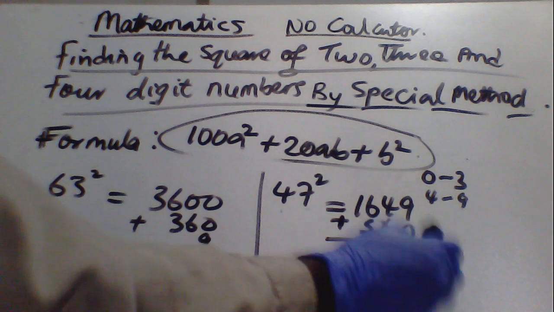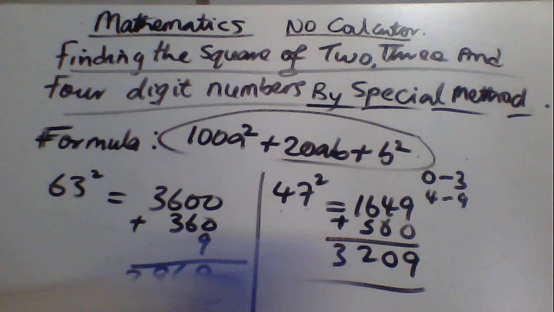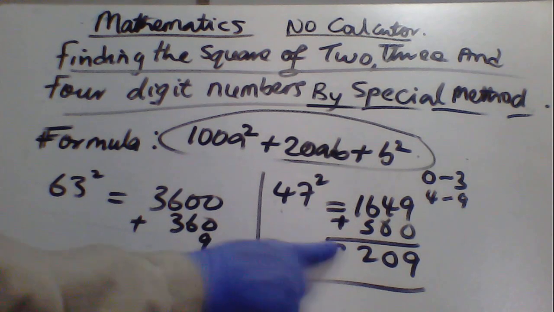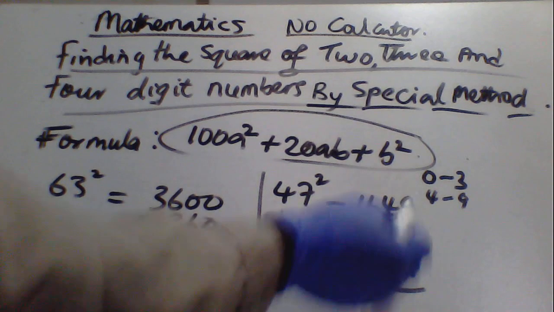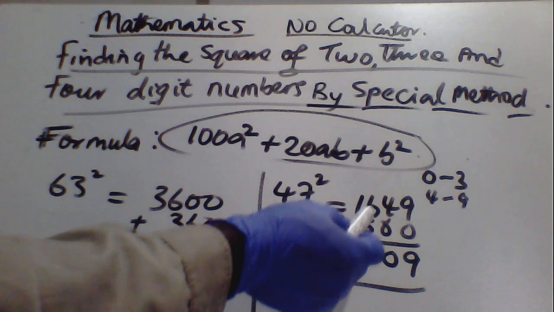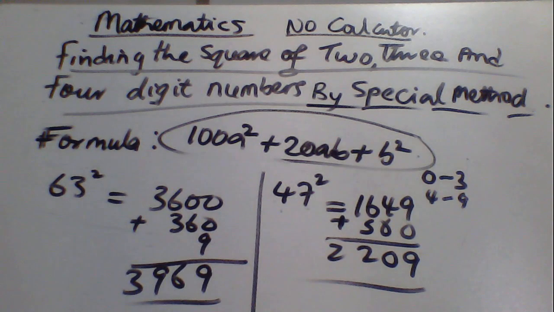So have 9 here, you have 0, 2 carry 1. So 9, 0 carry 1, put it here, will give us 12. Write 2 carry 1, 1 plus 1, 2. So the square of 47 is 2,209.